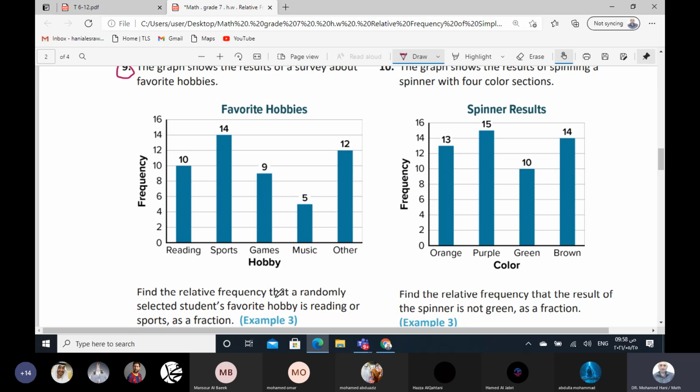And we want to find the relative frequency. I want all of you to try to find the relative frequency. You have 3 minutes. Then tell me, please, what is your answer? Start, please.